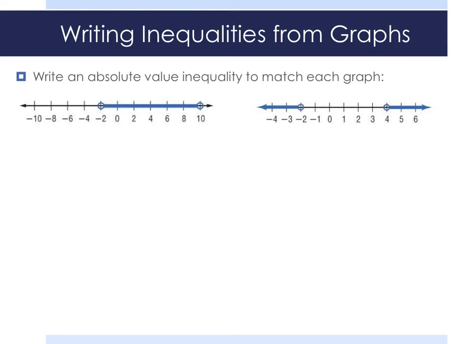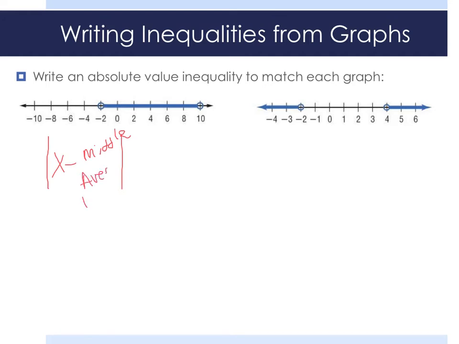So to take this concept a little bit farther and think about it differently, I gave you equations and you had to graph. Now I'm going to give you a graph and you have to write an equation. Well, if you remember back to chapter 2, in writing an absolute value equation, we have the absolute value bars, and it's always going to be x minus a middle. In word problems, a middle can be described as an average.